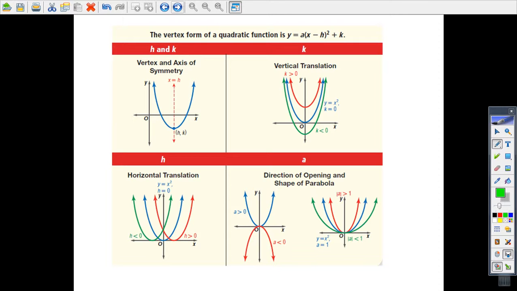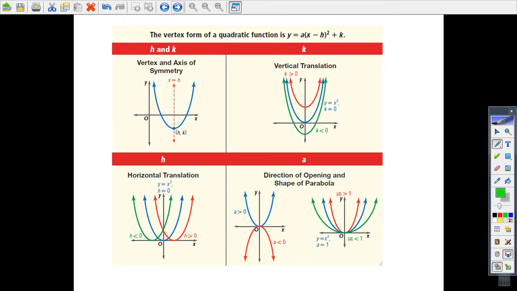The value for h affects how far you move it left or right. It's opposite of what you think. And then the direction of opening: if a is positive, it opens up. If it's negative, it opens down. And the value for a affects whether I'm getting wider or narrower, and that's the absolute value of a. So if it's a -2, that means it opens downwards, but it's still like a 2 in that it narrows it down.